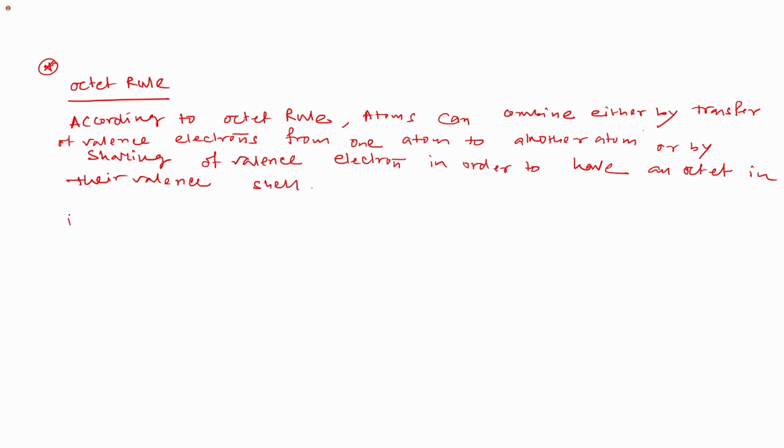For the Cl2 molecule, again the Cl atom has 7 valence electrons, so this is the Lewis symbol of that Cl atom.